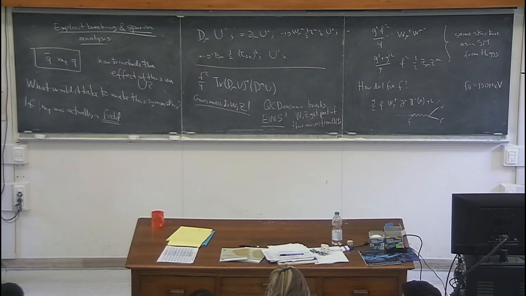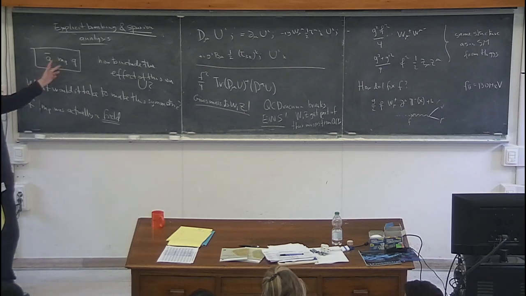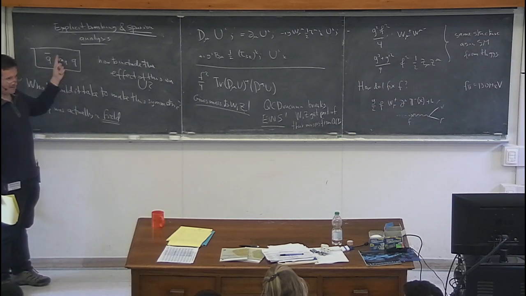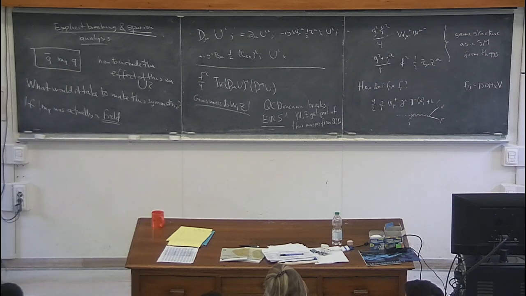And then what's the rest of the story? Let me pretend that it's a field, but one that gets a vacuum expectation value. Now I'm getting closer, because the vacuum expectation value I'm going to identify with those numerical values that I'm seeing in this Lagrangian.